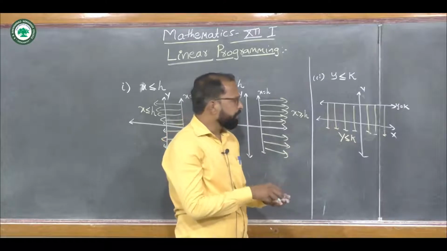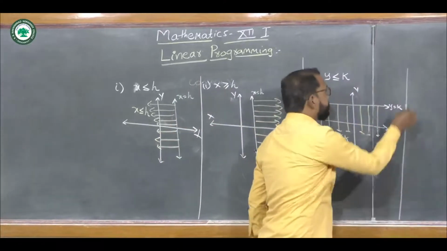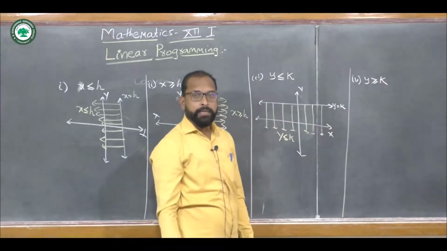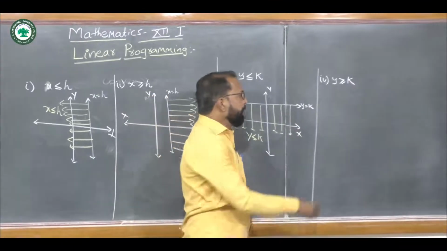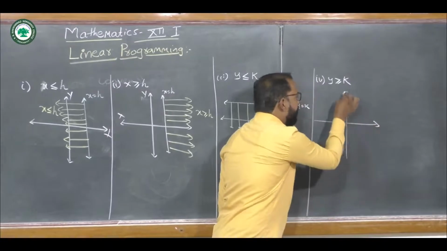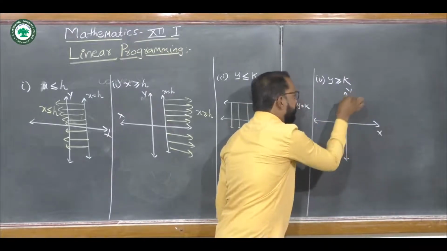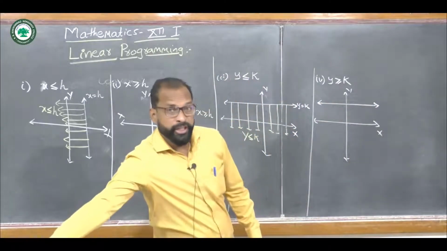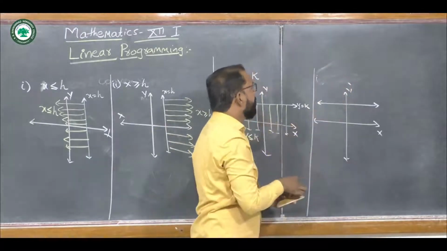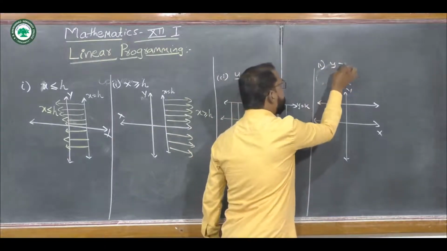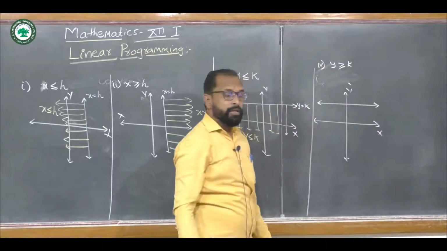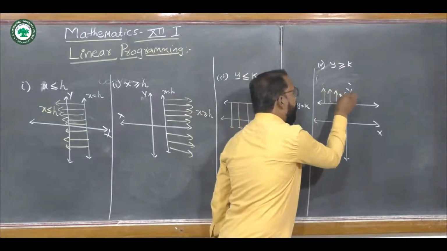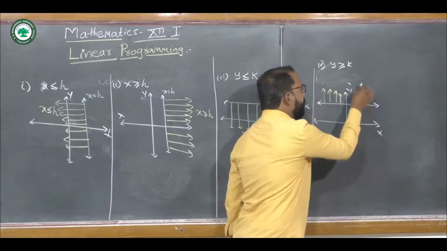Now similarly, for the fourth condition, y is greater than or equal to k, if we draw the line y equals k, then the region represented by y is greater than or equal to k is the region above that line, above the line y equals k.